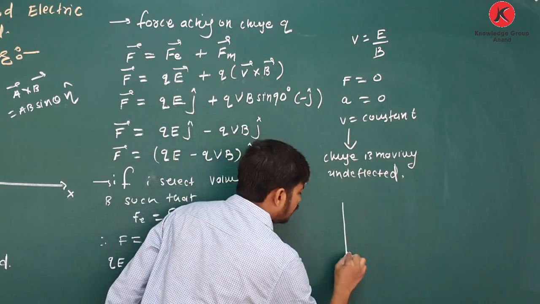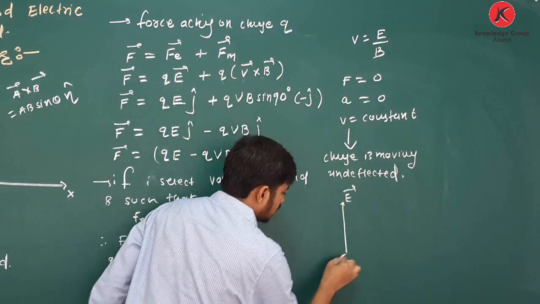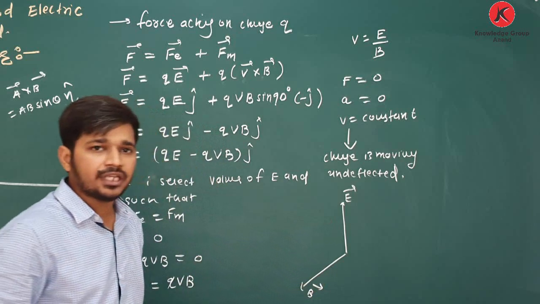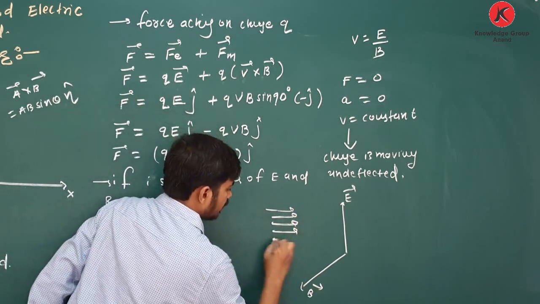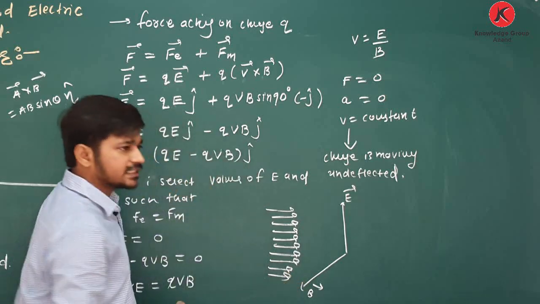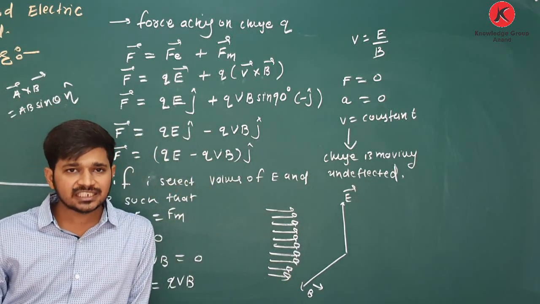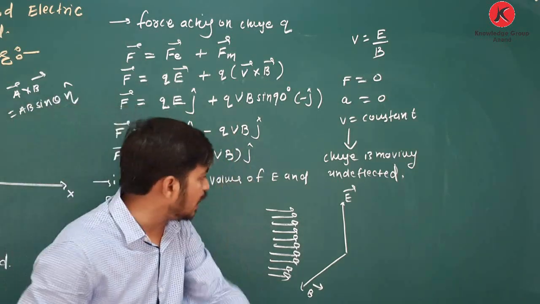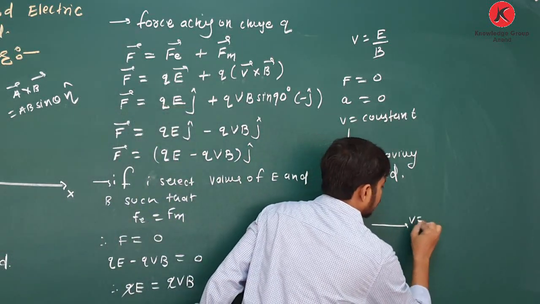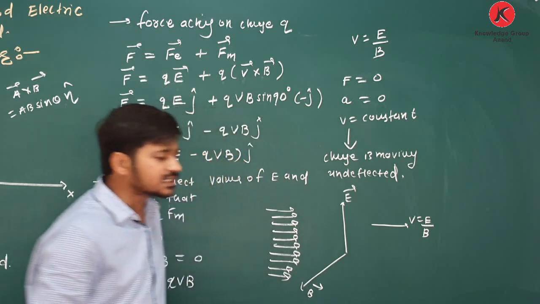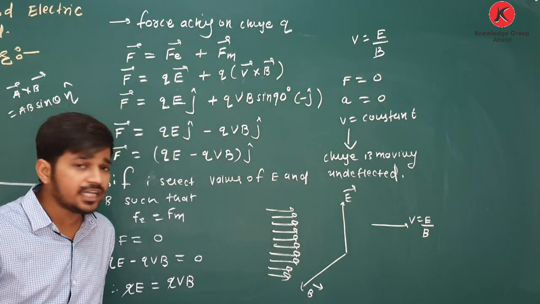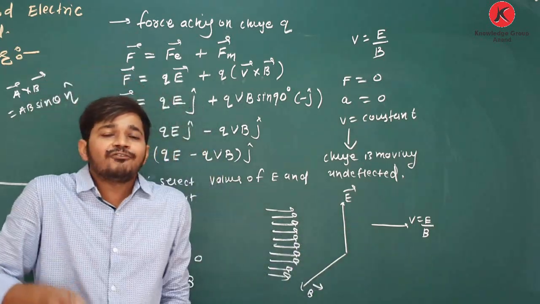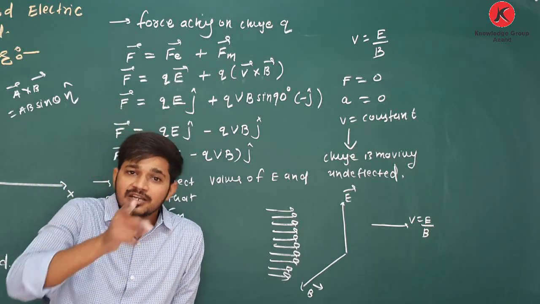If I have one region with electric field and magnetic field, and I have selected values of E and B, now if I throw numbers of charges with different speeds, only charges having velocity V is equal to E upon B, they will move undeflected. Another charges will deflect.